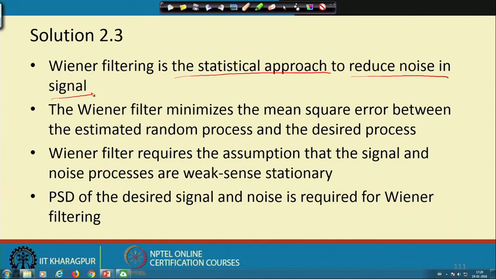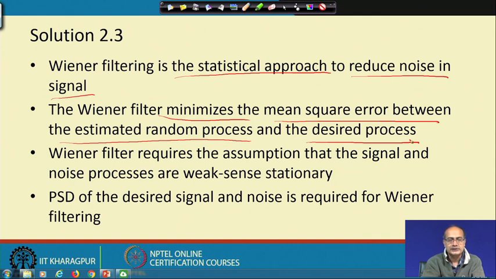When both are in an intermediate range, we need to judiciously select what the gain should be. So, how does the Wiener filter do it? It minimizes the mean square error between the estimated random process and the desired process. The desired process has a particular spectrum, so whatever the input signal is, we try to find a filter which minimizes the error between the desired process and the input process.